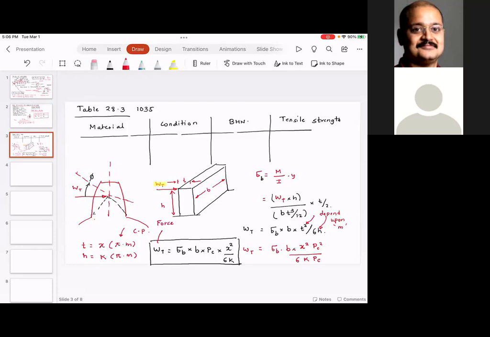What is sigma B? Sigma B is stress. Stress is given as Newton per millimeter square. Do you agree with me? So B is the face width, which is given in millimeter.